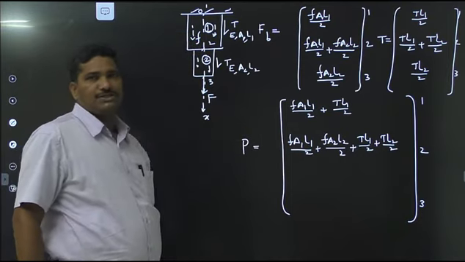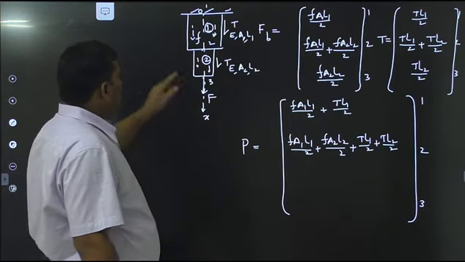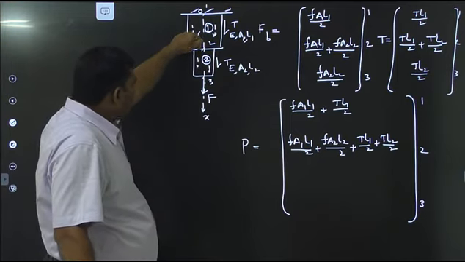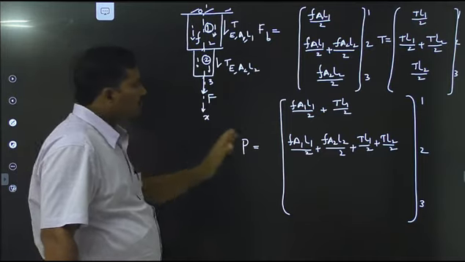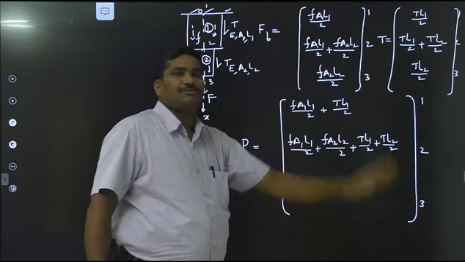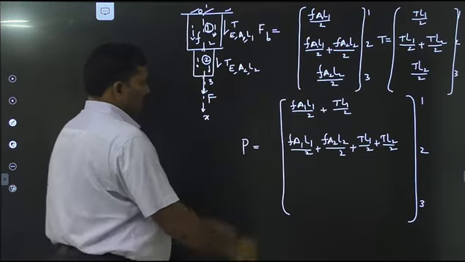No, so 0 plus 0. If any force is acting at node 2 vertically downwards, then we put plus that value. Next, node 3.